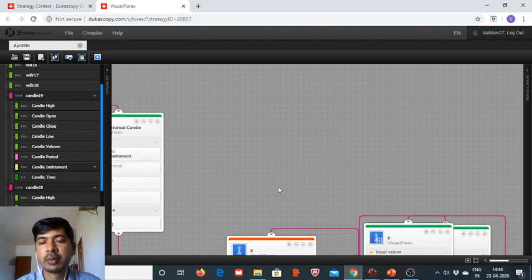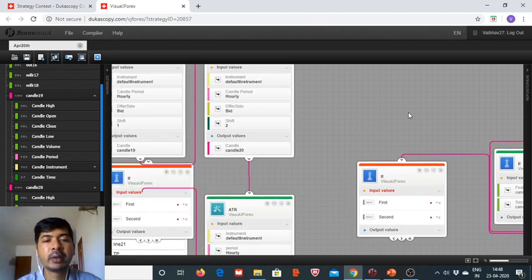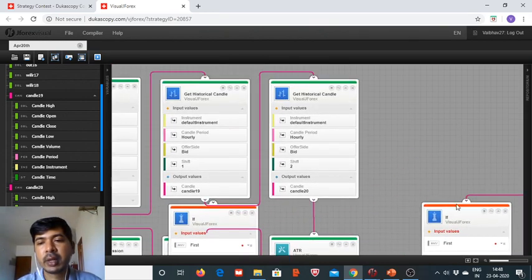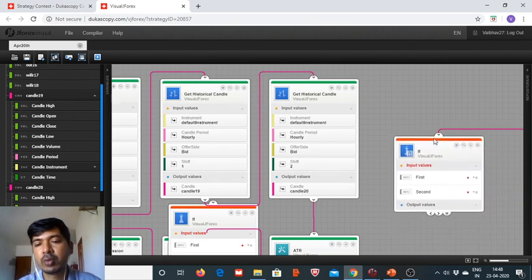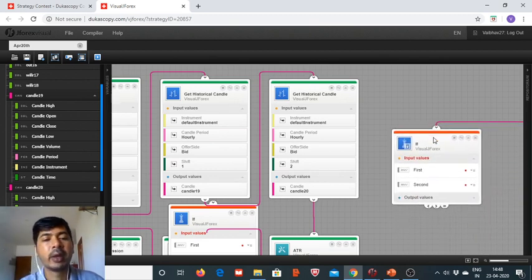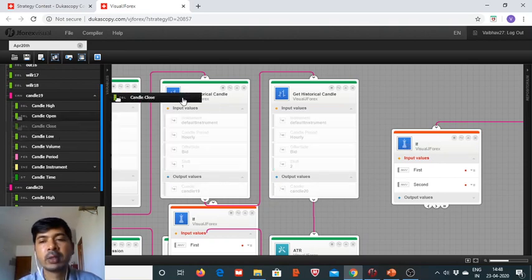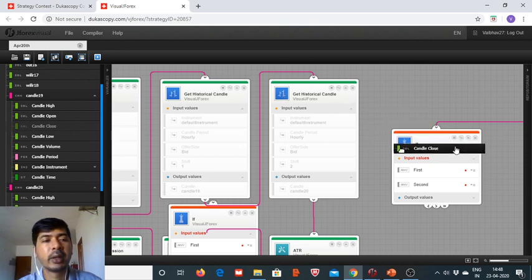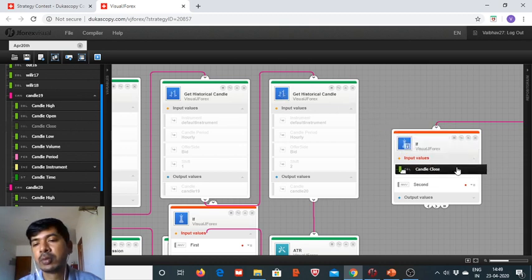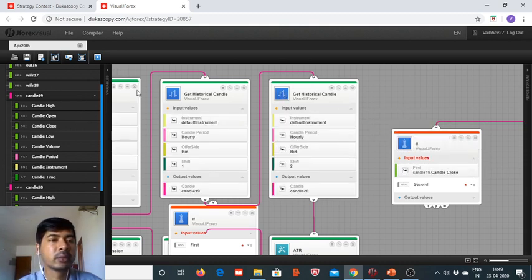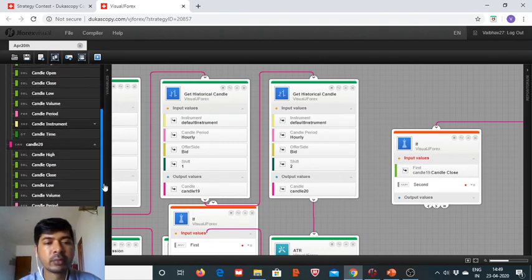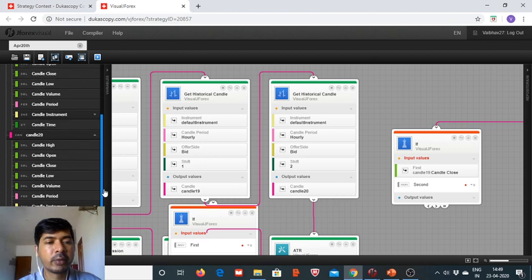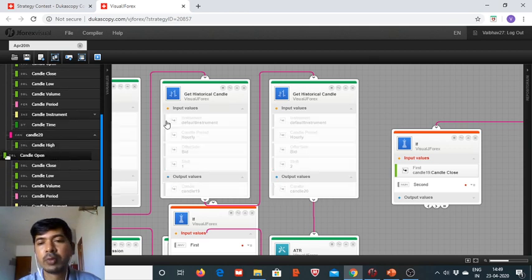Okay, now we compare the candle 19's closing to the candle 20's open, and the closing value should be less than the candle 20's open. So we again go to this candle 19's closing value should be less than the candle 20's open value.